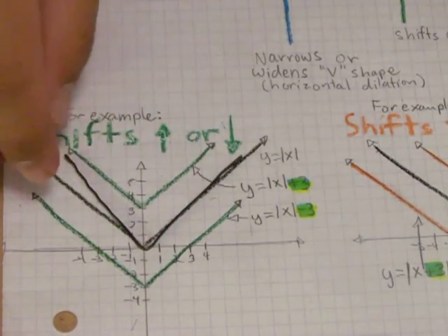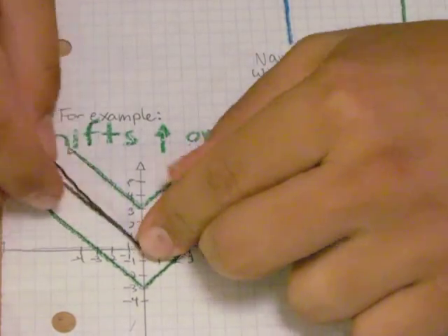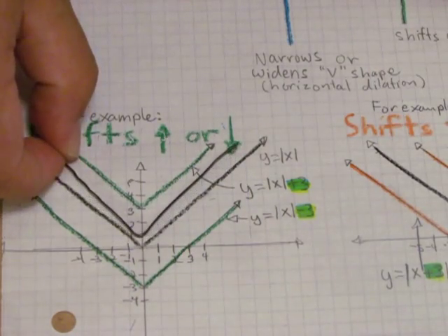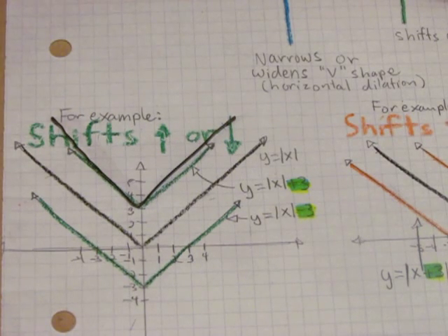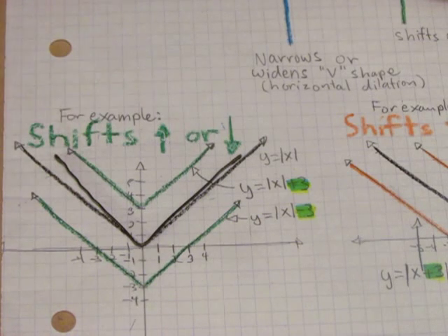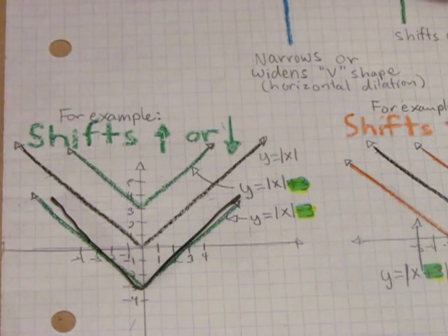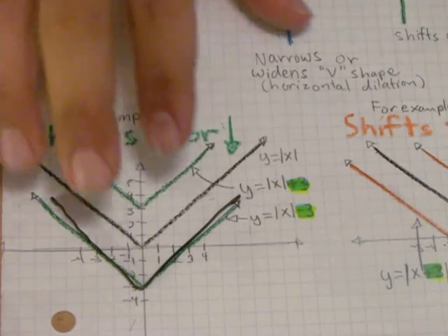So if this is the parent function, we do plus 3, you move it 1, 2, 3. And if this is the parent function again, and it says y is equal to the absolute value of x minus 3, you move it down 3. 1, 2, 3.